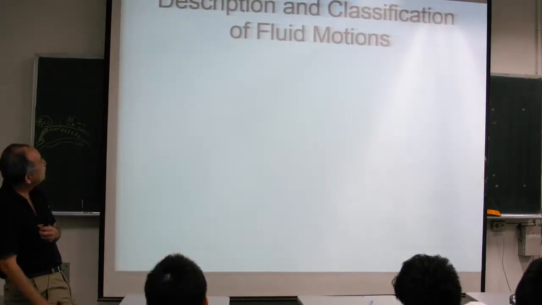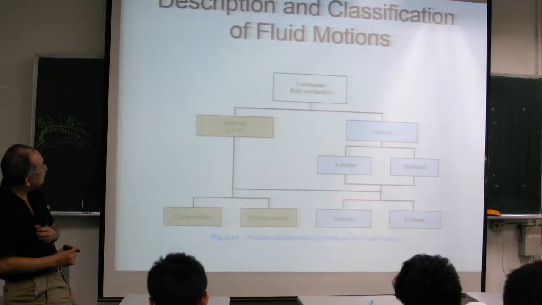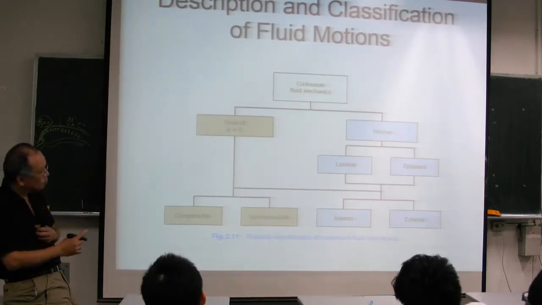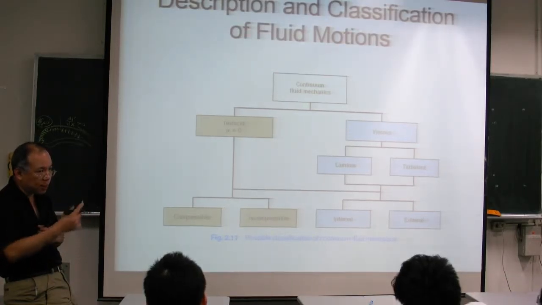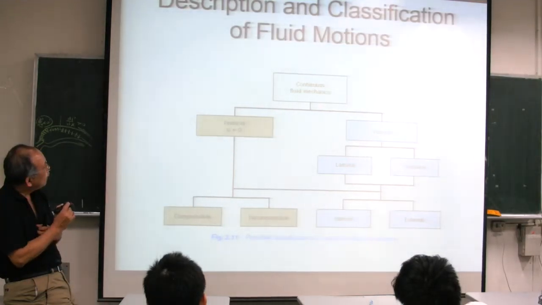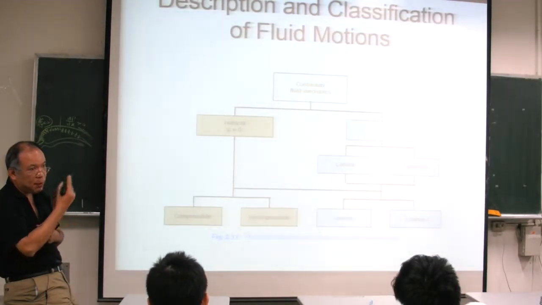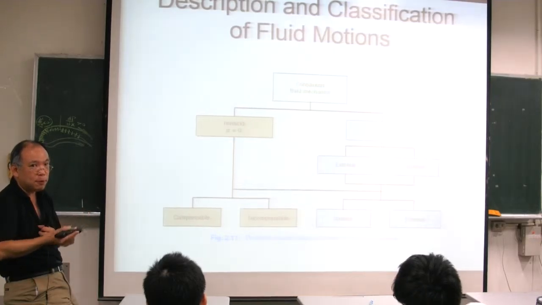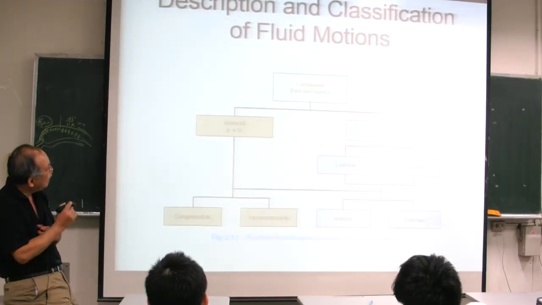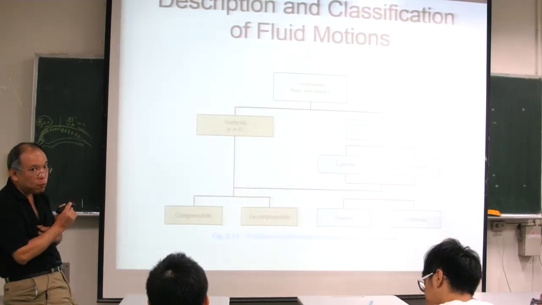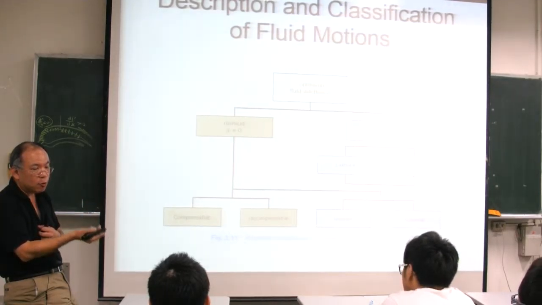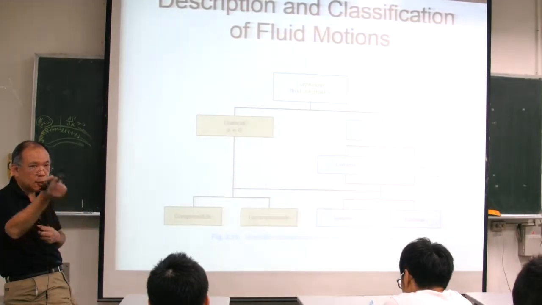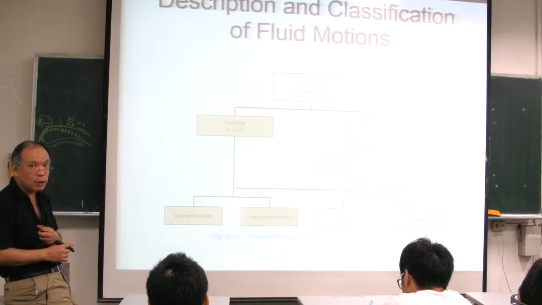And later, if you can see here, this is the classification of fluid mechanics. We have continuum mechanics, fluid mechanics based on the continuum assumption, Knudsen number much less than 1. That means everything can be seen as a continuum. We start from here. So we can define our density and our velocity based on the continuum assumption.